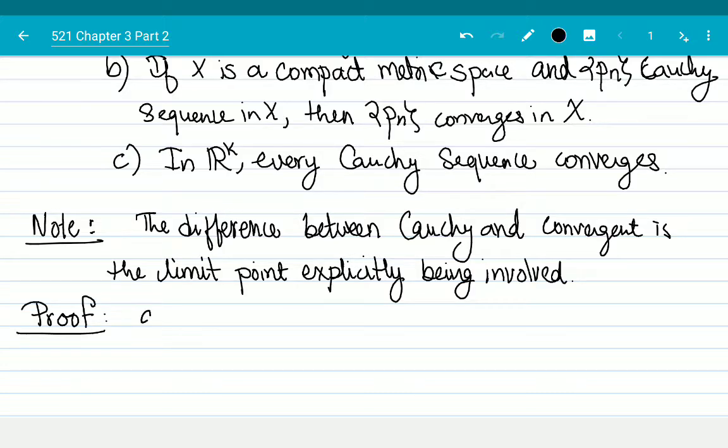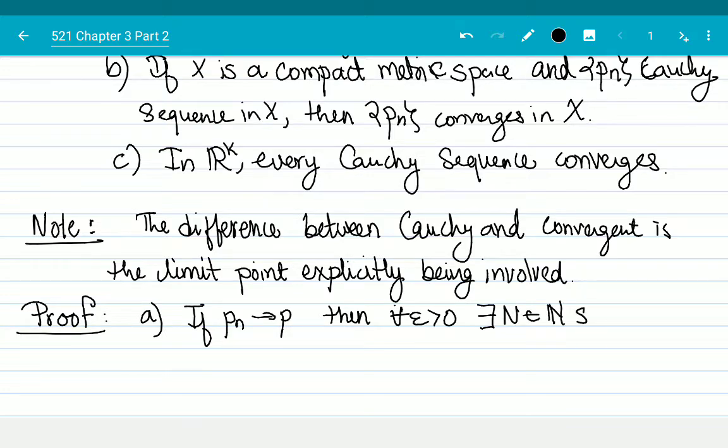Proof. Part A. This is really easy. If Pn converges to P, then for every epsilon greater than 0, there exists an N in the natural numbers such that n greater than or equal to N implies distance of Pn comma P is smaller than epsilon over 2.